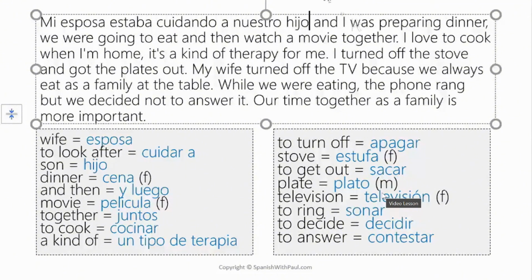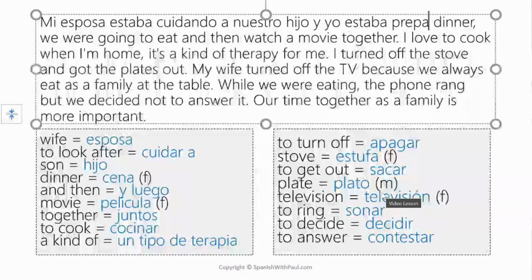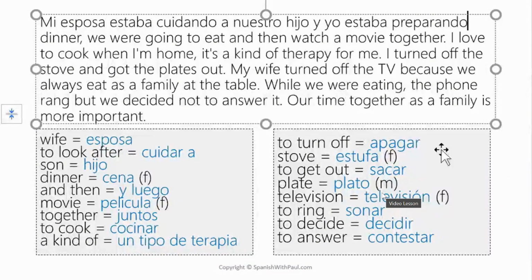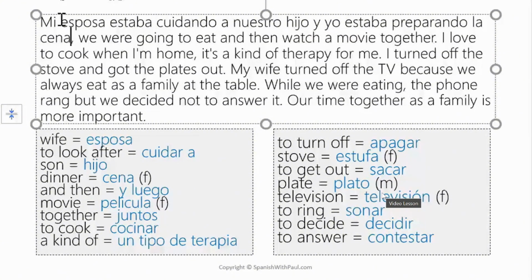And I was preparing, more past progressive. And I feel like I want to emphasize this by saying yo. Y yo estaba preparando. Then we have dinner, which would be la cena. Now again, more background.